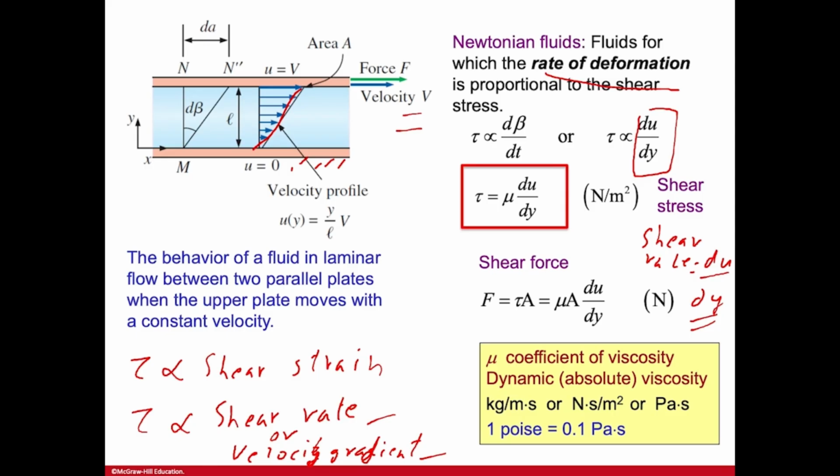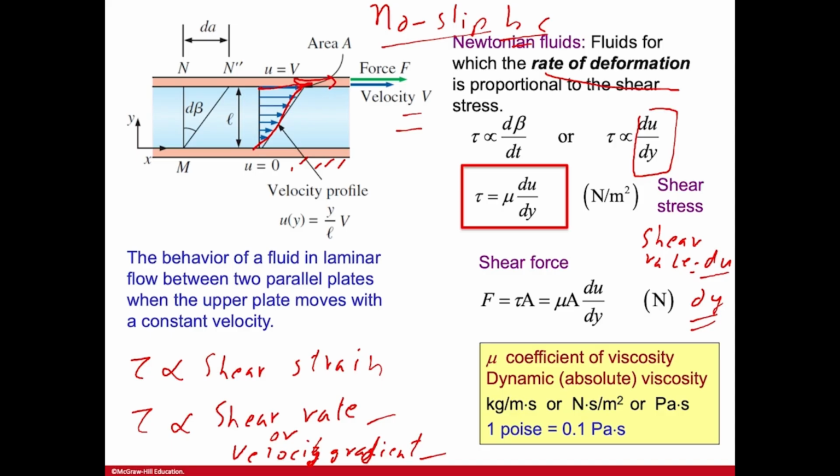This velocity gradient is generated because of one boundary condition called the no-slip boundary condition, which essentially says that if you have a solid object moving next to a liquid, the velocity of the liquid right next to the solid will be the same as that of the solid.